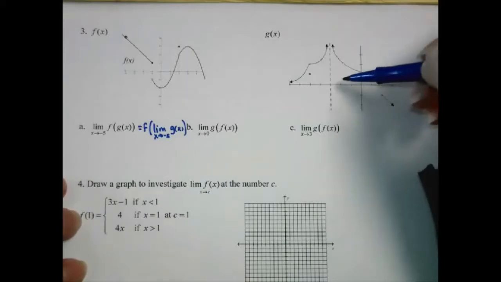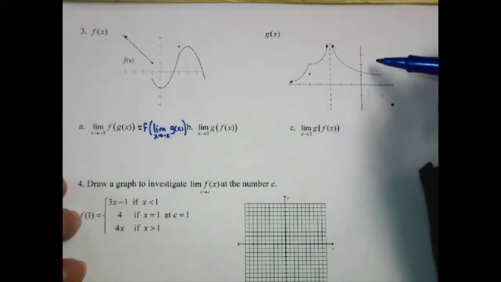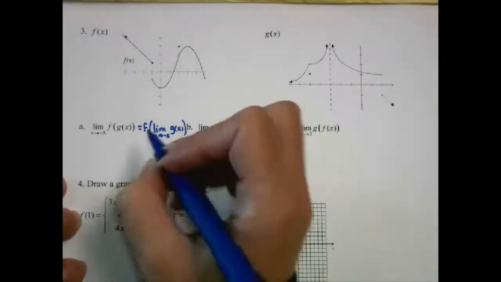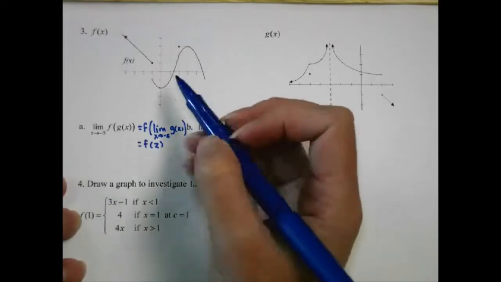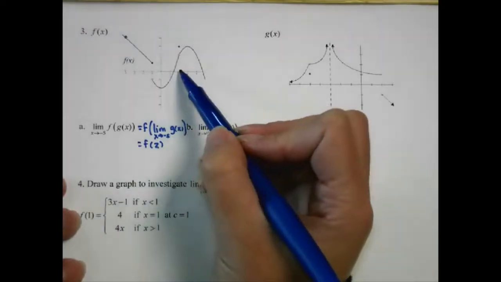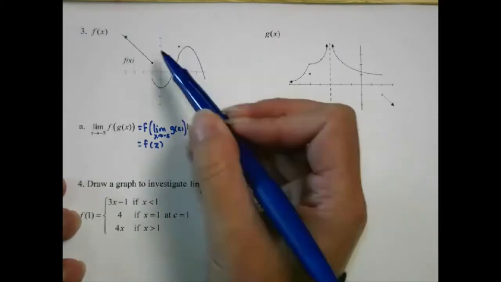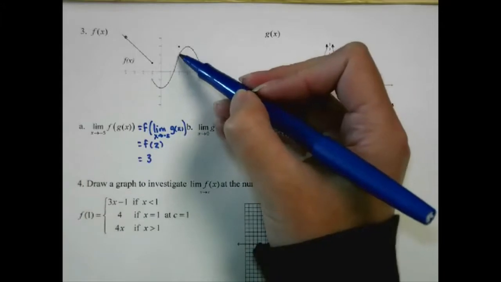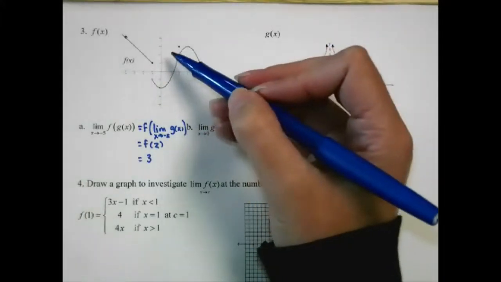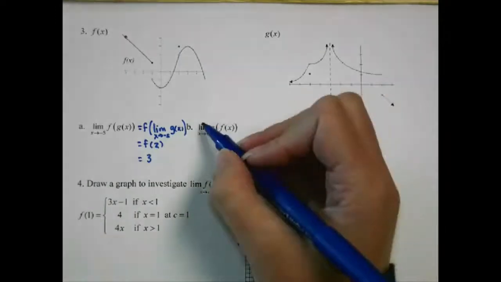We're going to go to -5. So 1, 2, 3, 4, 5. That limit is going to be 2. So this is now f of 2. And then I'm going to use the graph of f and evaluate. So f of 2 is this little dot up here at 3. So even though the limit at 2 would have been 2, when we evaluate it, it's actually at 3.